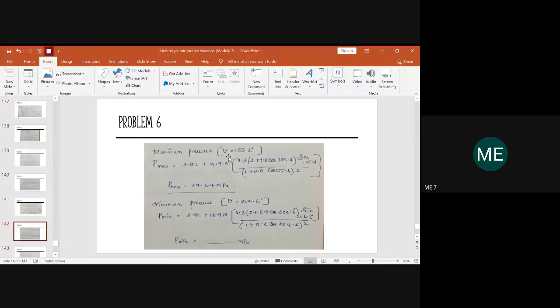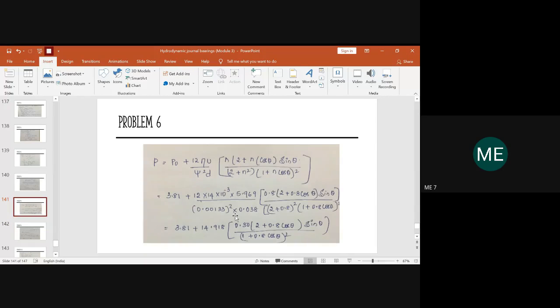The further step is you have to substitute the value of theta directly. Everyone see whether you get this step. 3.81 is as it is. The second part, the numerator and denominator, you simplify. It has to give you 14.918. Then the third bracket, everything remains the same. Only this part you simplify: 0.8 divided by 2 plus 0.8 whole square. That should provide you 0.30.